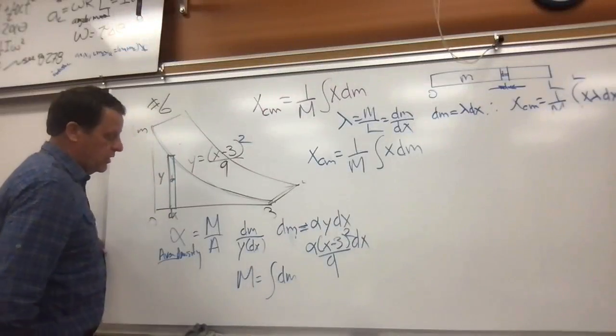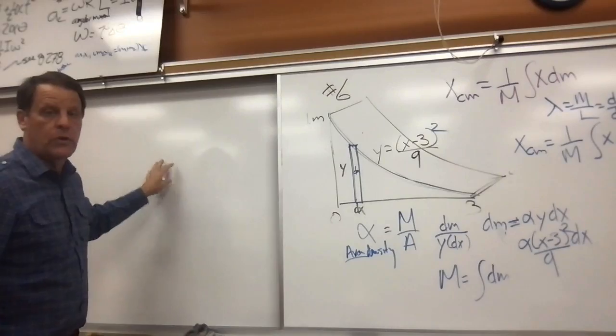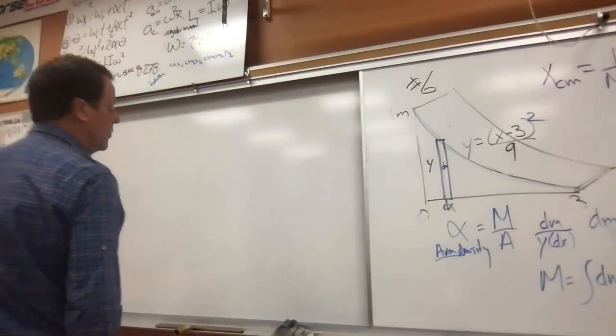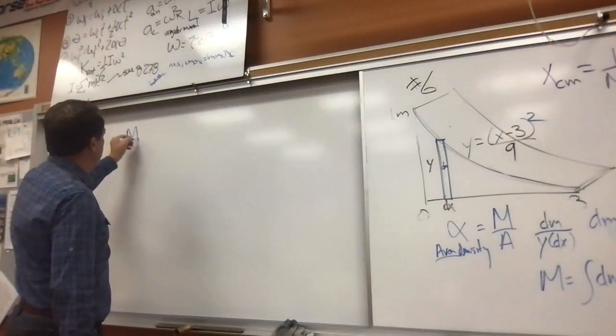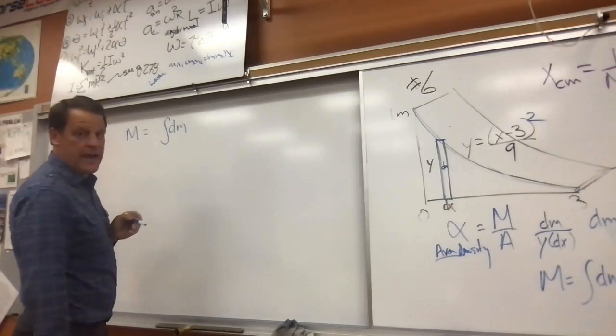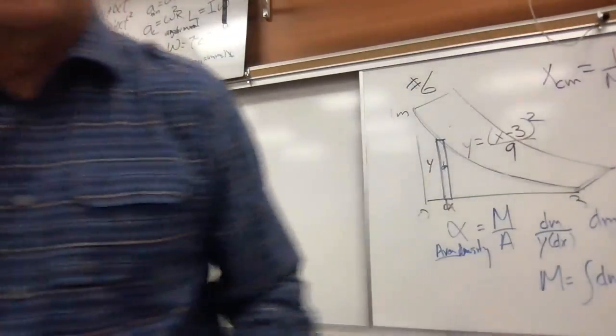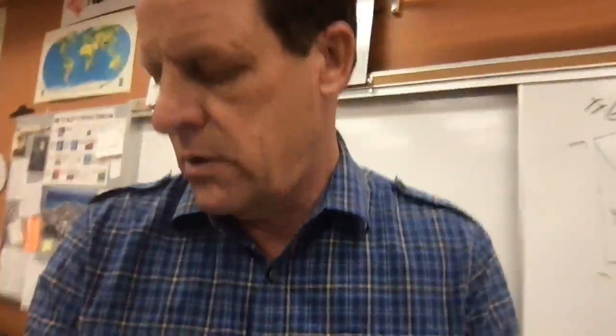So now I'm going to switch and do this integral over here. We're going to say that mass is equal to the integral of dm. And let me switch us over here a little bit closer.